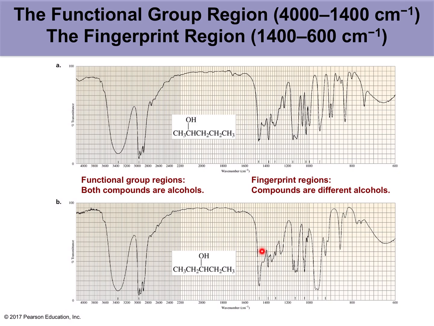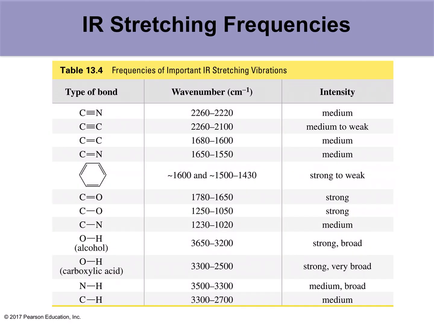So then your product should not have an alcohol group like that. But it will not tell us what the structure is. It would tell us that our reaction has gone to completion and it was a success. Okay, and these are some of the IR stretching frequencies.